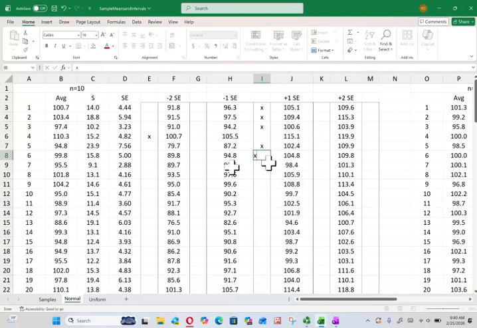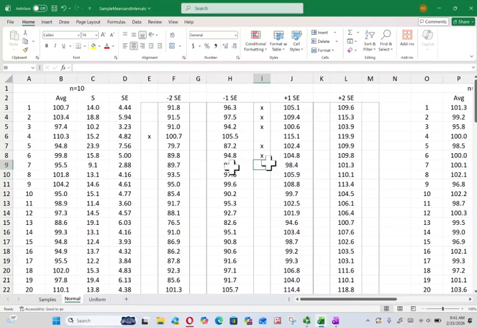What percent of these intervals should contain the 100 in the 1 up and 1 down? 68. How many of them should contain the 100 in 2 up and 2 down? My only 2 bets that I need, 68 and 95.